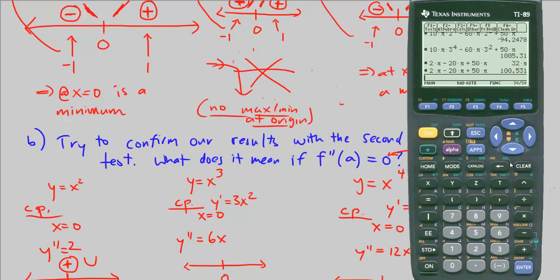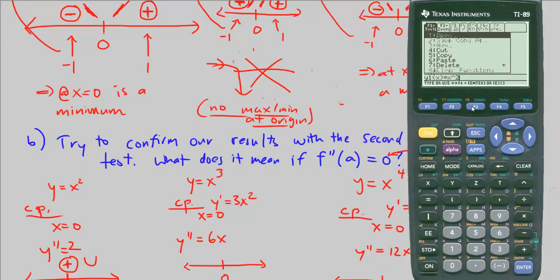Alright, so this ends the problem, but just for fun, let's go ahead and look at these three graphs to see our hard work. So we know x squared, let's graph it anyway, is just a parabola. And we can see that there's a minimum at the origin. Let's also graph x cubed.